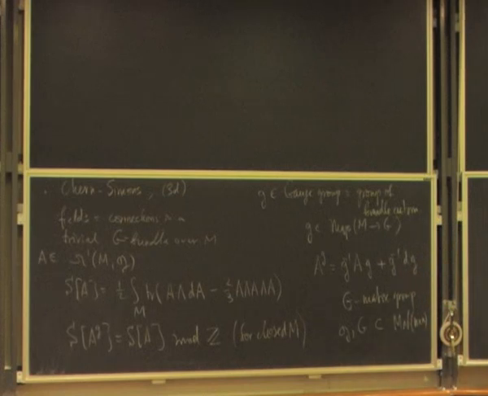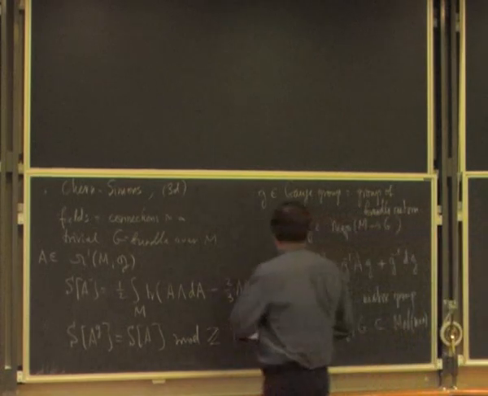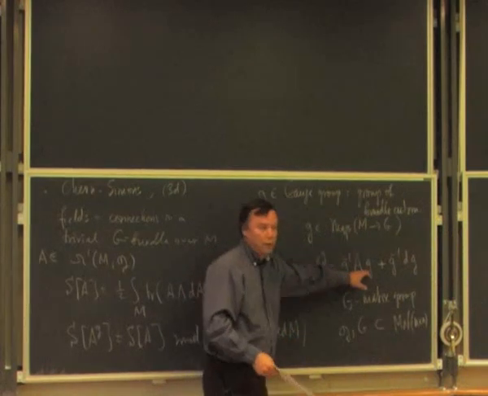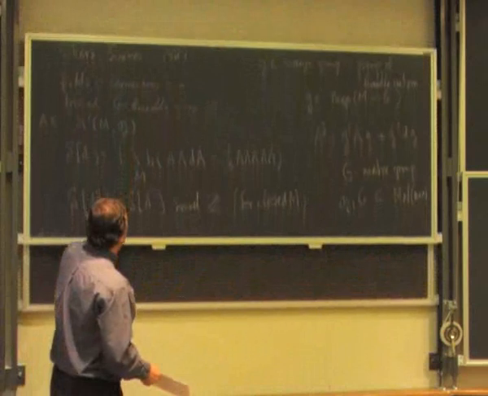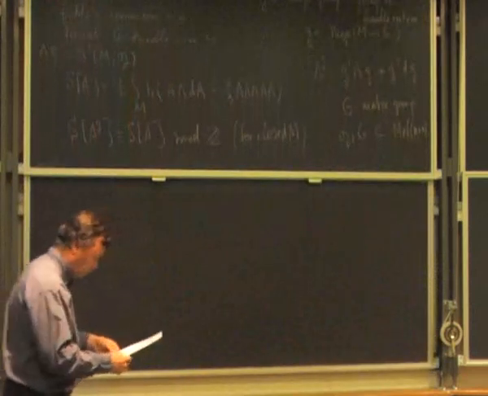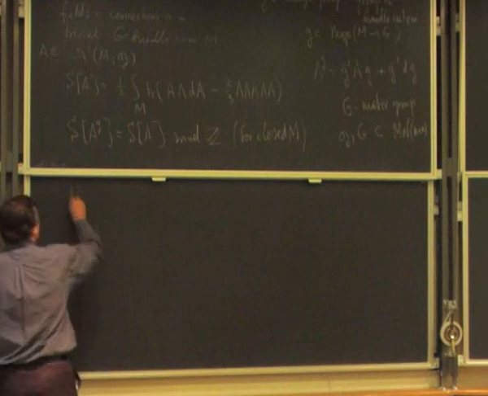Just for simplicity. Of course, you can do it in the general case, but then this would be some construction from the Maurer-Cartan form, and this would be the adjoint action of the group on the Lie algebra. Okay. So then we pass to the Hamiltonian field theory.